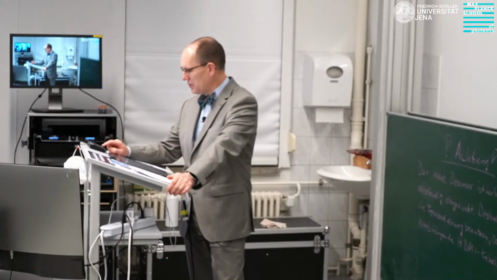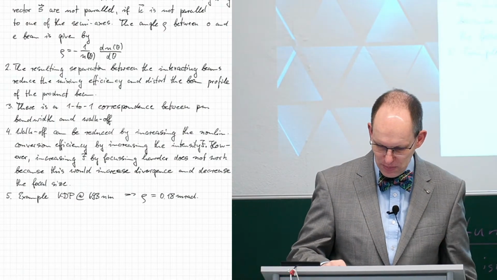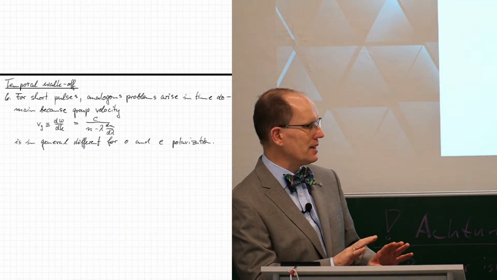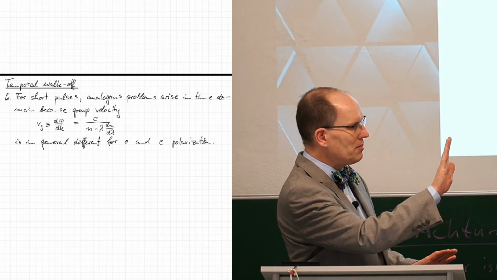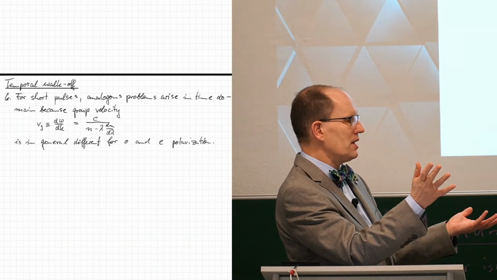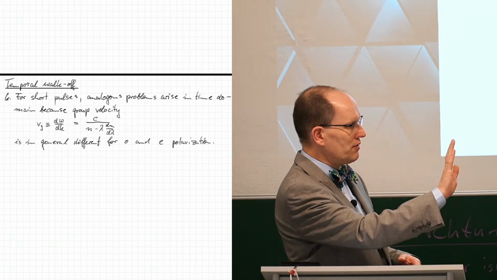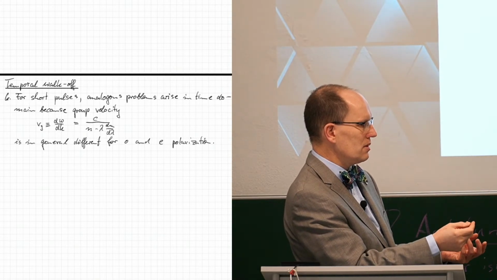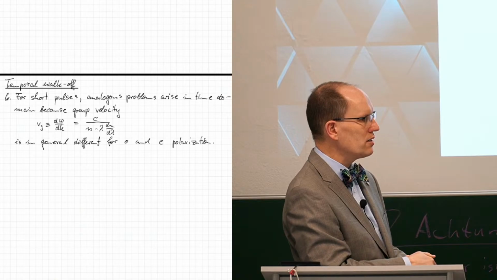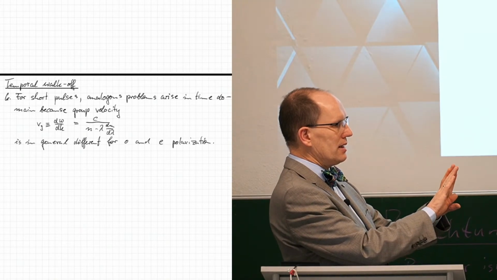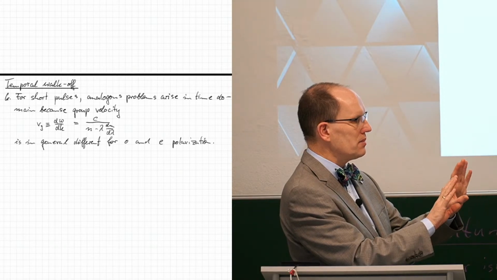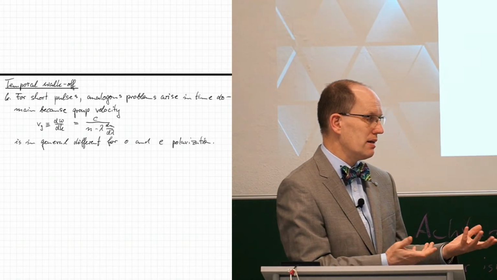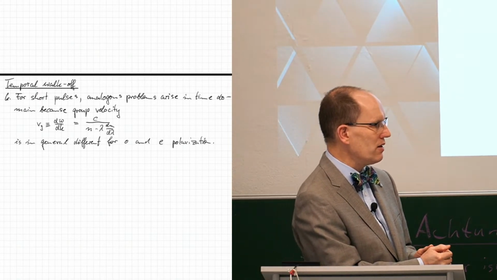So let's continue with walk-off, temporal walk-off. I explained quickly what it is, and I just repeat it. So we have the fundamental. Say for second harmonic generation, the fundamental is of course the smaller photon energy, so the refractive index is smaller, and it produces a second harmonic, another pulse that certainly has a smaller phase velocity.